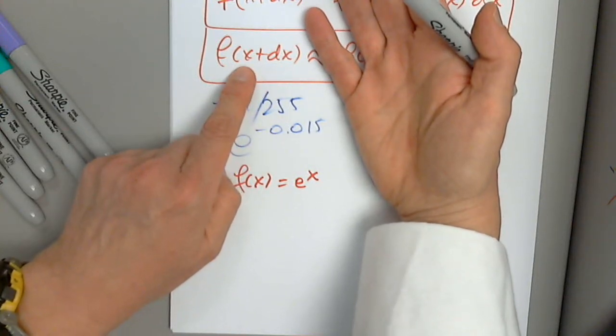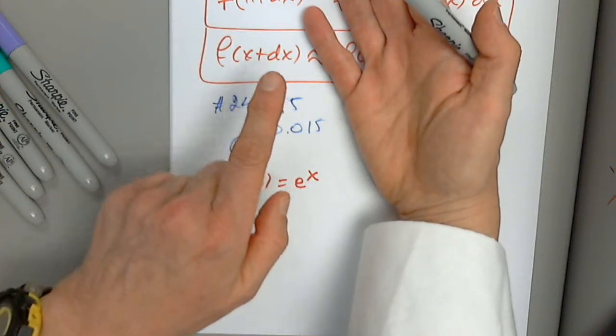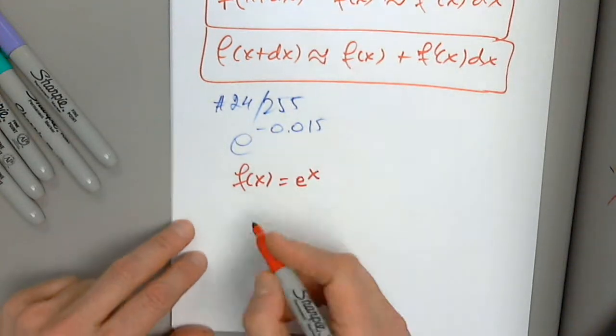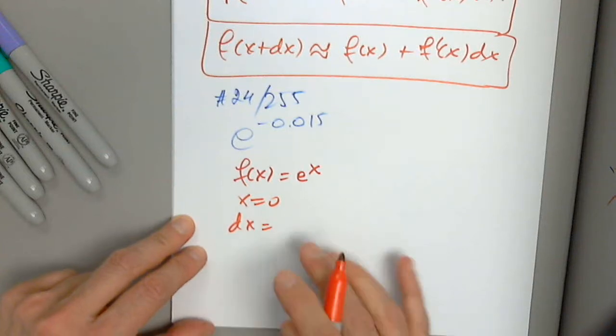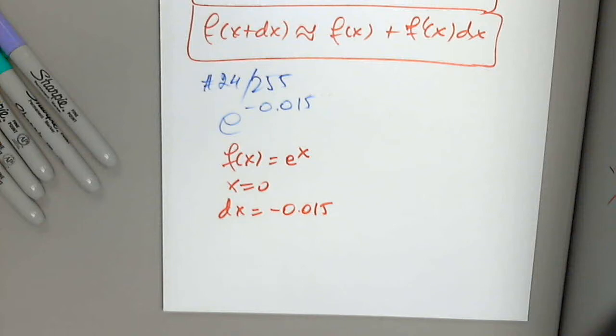And x has to be an integer or a natural number. So look at x plus dx. X is 0 indeed, and dx must be negative 0.015. The left-hand side is done. We discovered everything. The function that we are using to estimate, in this particular example, must be e to the x. X must be 0. The minor change from 0 is this tiny number, negative 0.015. The left-hand side is done.